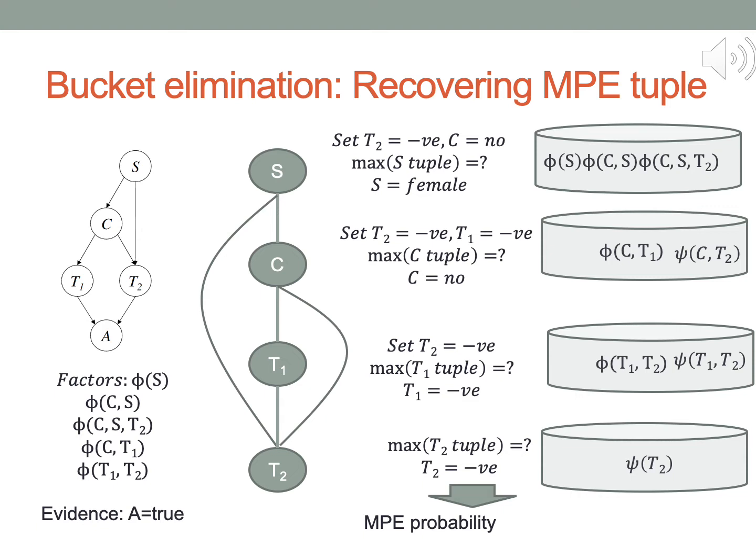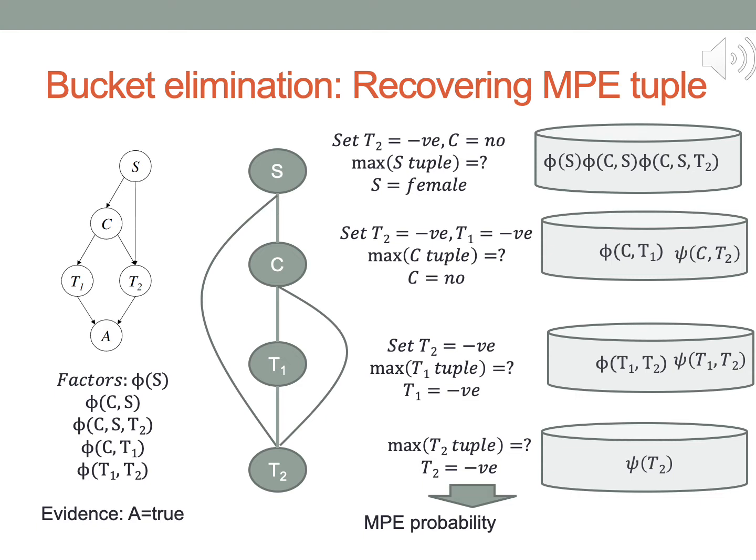So we set C equals no, and we continue this process until all bucket variables are assigned a value. And at the end, we just collect the optimal values at each bucket, and that assignment will give us the MPE tuple.